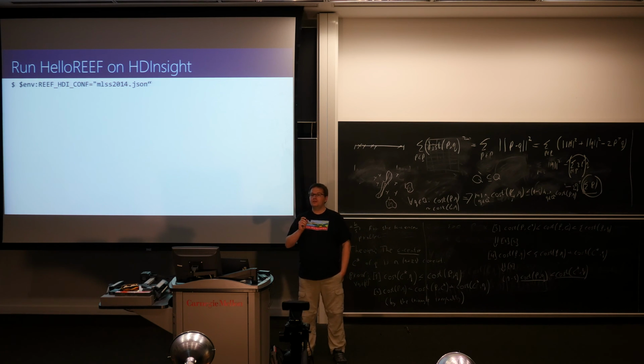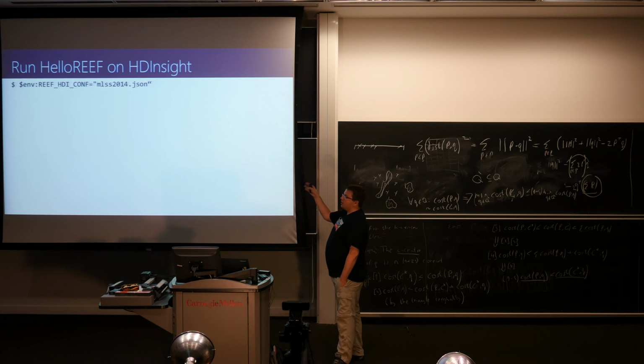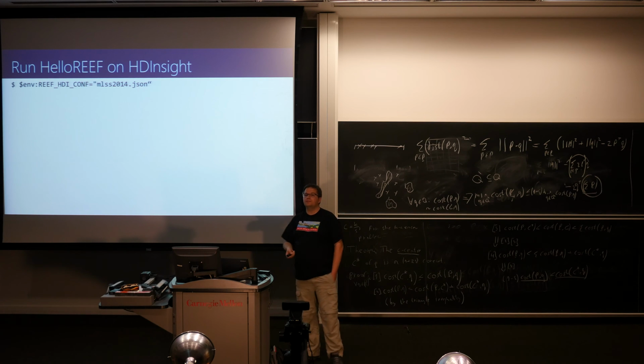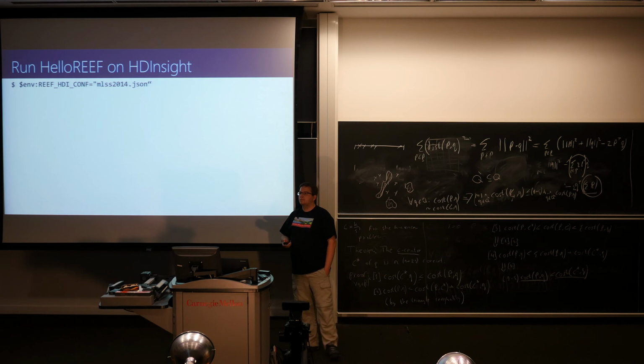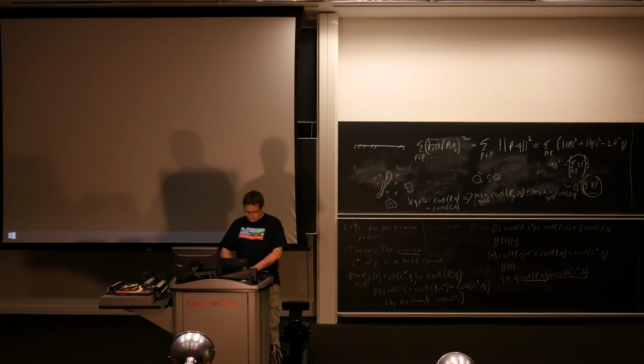You look confused? So I'm setting REEF_HDI_CONF to be this value. So in Bash, what you do is export REEF_HDI_CONF equals that value. So let me type it and try whether I get it right.